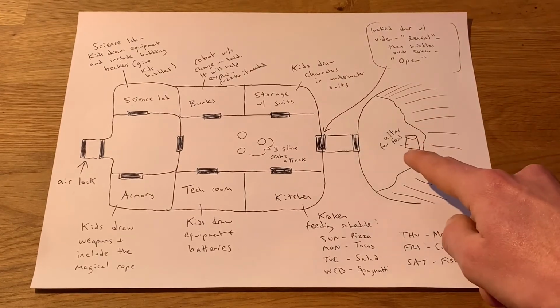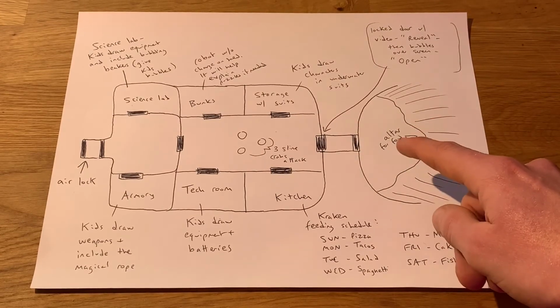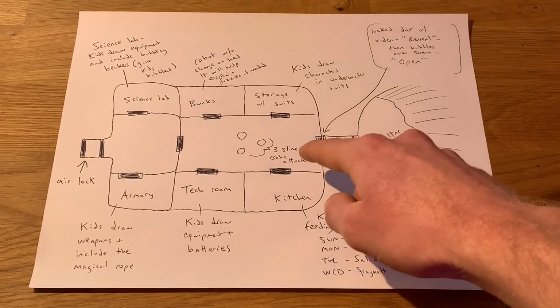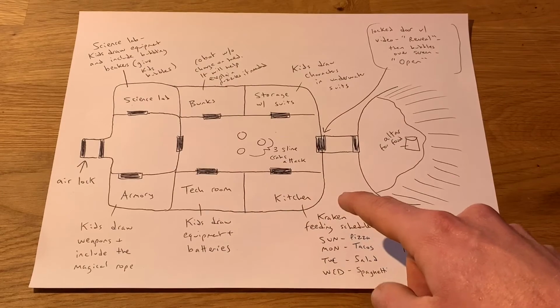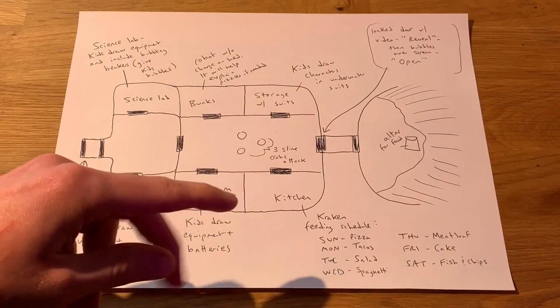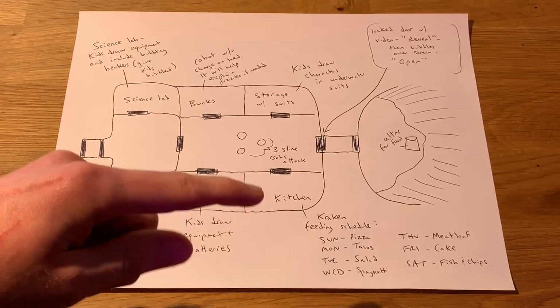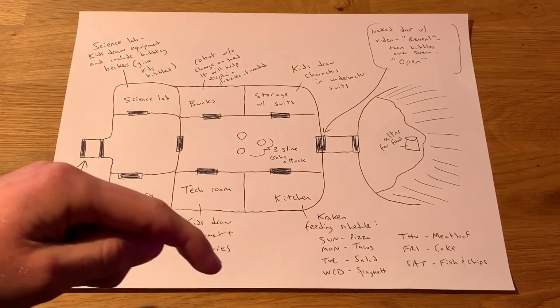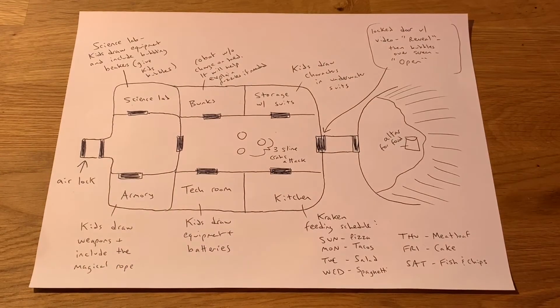And there is an altar here, and it says, in order to summon the Kraken, you have to feed it. So that ties in with the very last puzzle. The kids love doing this one. You're going to have on a refrigerator a feeding schedule, so you can jot down different foods for every day of the week. And the kids who are playing are going to have to think, what day is it?